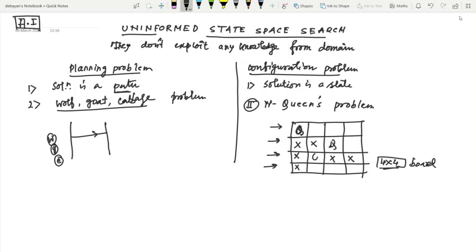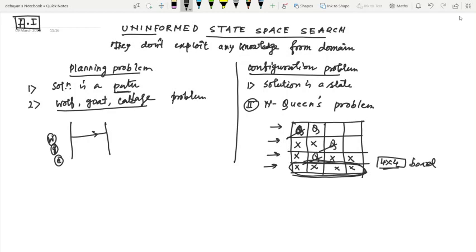So if you place the queen in that particular case, you see that all places are already blocked. In the next row there is no place to put the queen. So you have to backtrack: remove this queen, and then this, and then again try from that particular case.